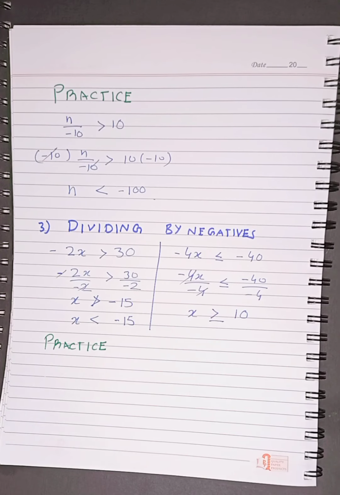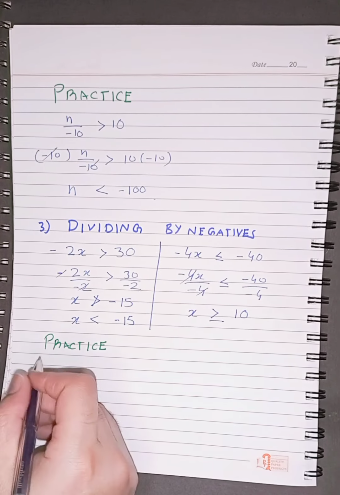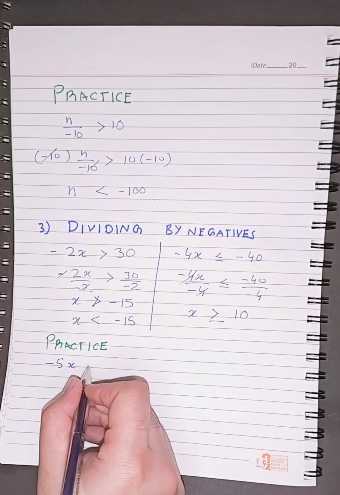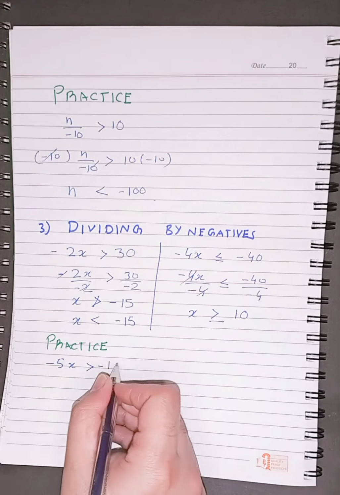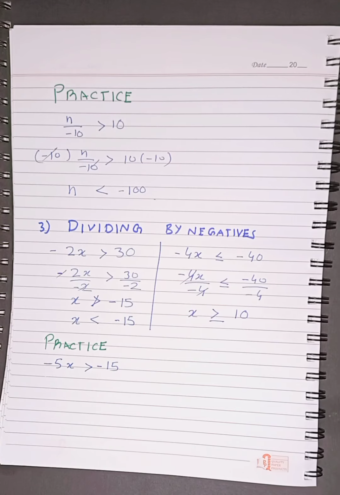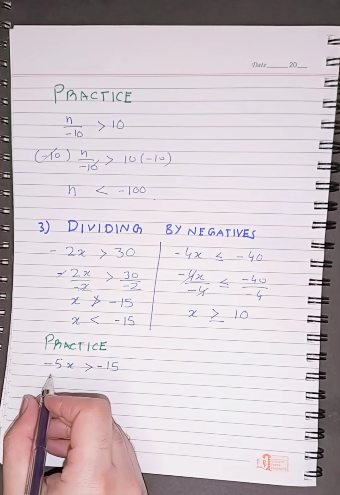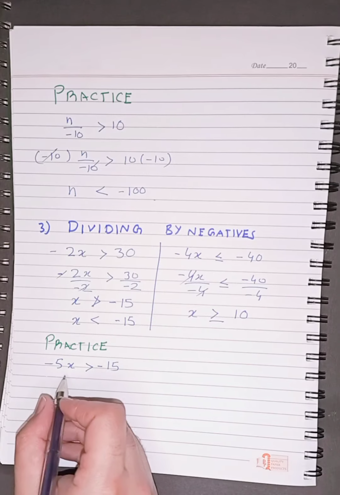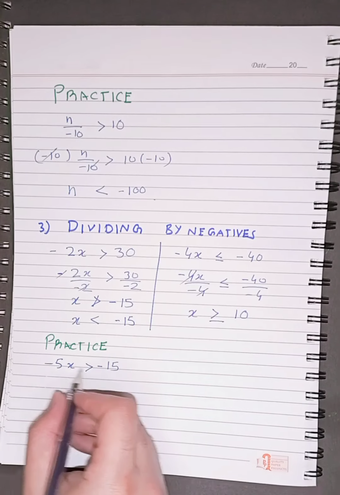Your question is, you need to solve this: minus 5x is greater than negative 15. So how will you solve it? Just think. If you are thinking that you will divide by negative 5 so that you can have the value of x, yes.